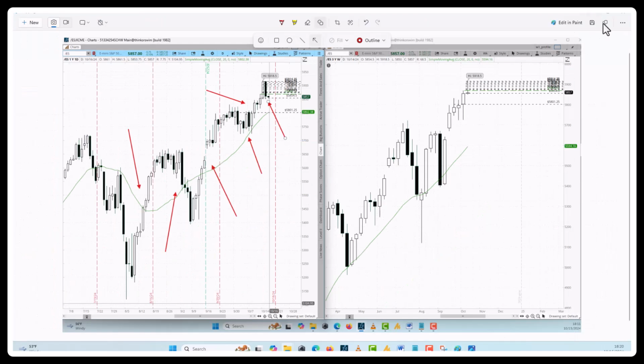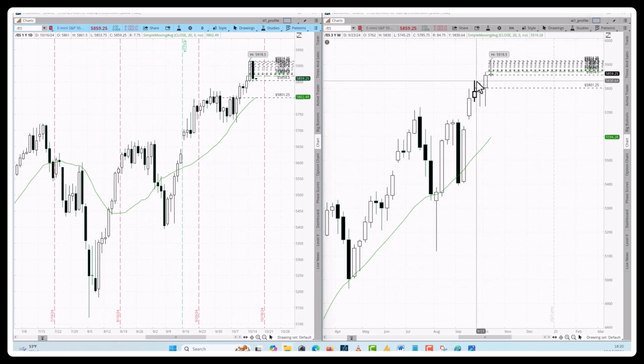You see it break the level, then it will reverse. This one is supposed to be a retracement right here, but it flipped. We saw the flip.